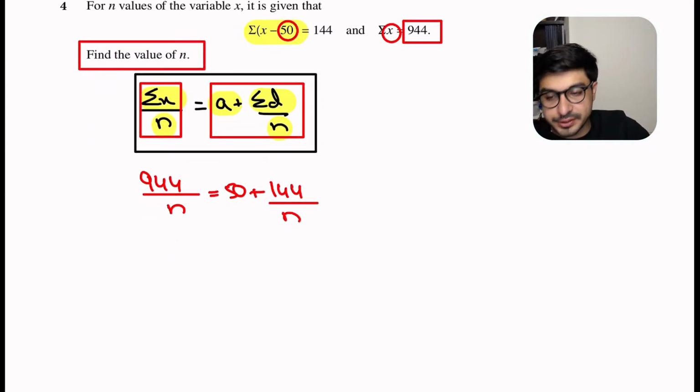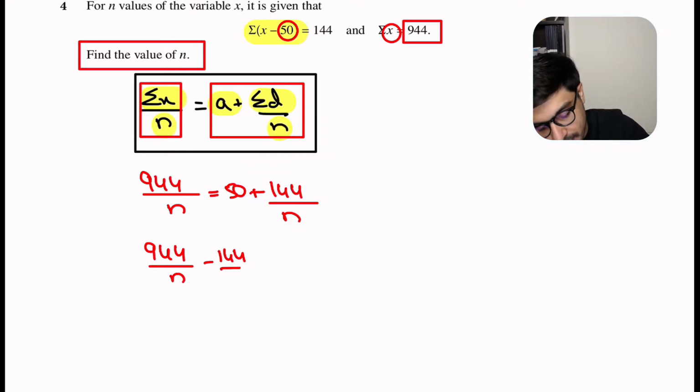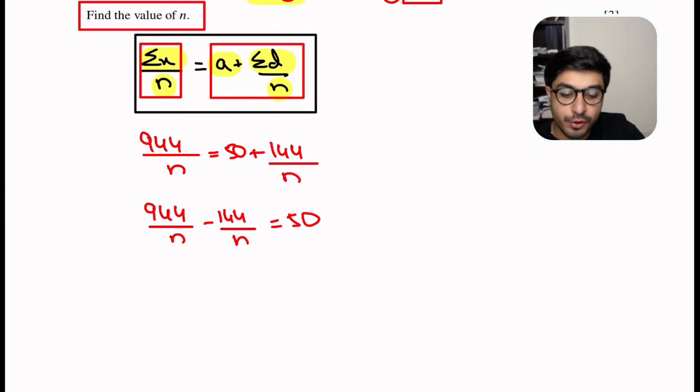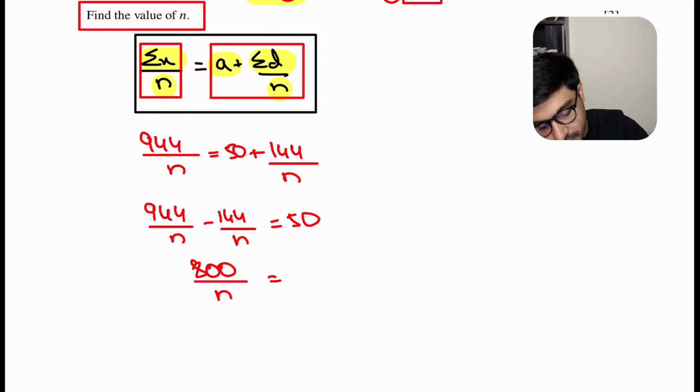Now we just need to figure out the n value. Let's bring all the fractions to one side. It's going to be 944 upon n minus 144 upon n equal to 50. 944 minus 144 is 800, so 800 upon n equals 50. Rearranging, 800 upon 50 is equal to n.